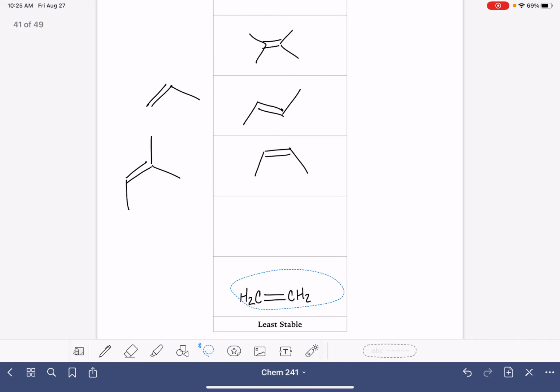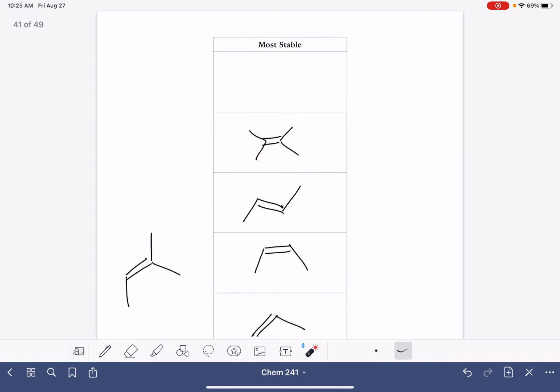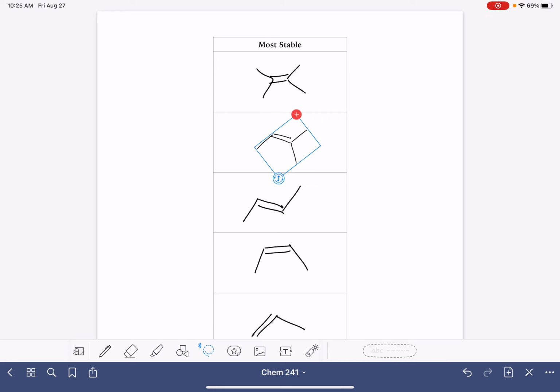So let's move this one down to the bottom and let's put our mono-substituted alkene right here. And then our last one, we have a tri-substituted alkene. The tri-substituted alkene is going to be more stable than our di-substituted alkenes, but not as stable as this guy right here. So we will move him to the top, and our tri-substituted alkene is going to fit in this spot right there.